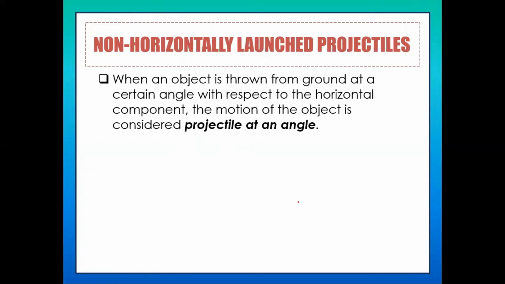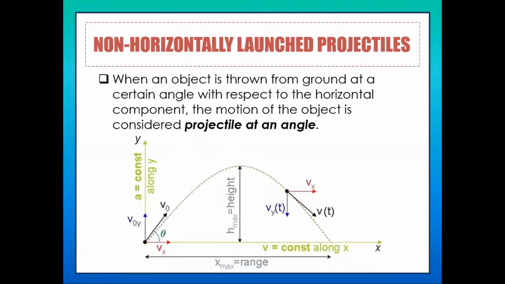So this is a typical diagram of a projectile at an angle. You would see that there are variables here. V sub OY means the initial velocity, but we keep on using the variable V sub iy, for the initial velocity at the Y component, or the vertical component. Y means the Y-axis for the vertical component.